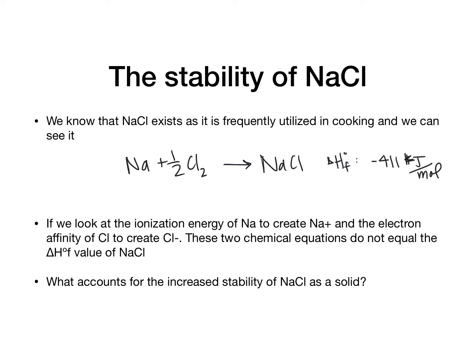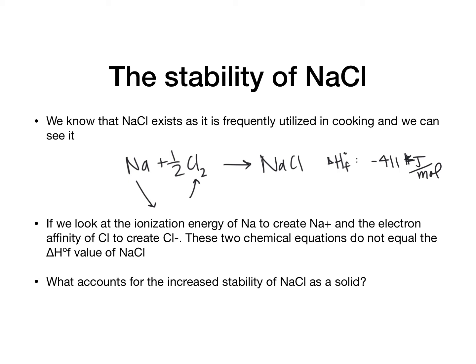Based on what we know, sodium should be ionized and chlorine should have an electron affinity in order to create both Na plus and Cl minus. If we think about these structures in these equations, they don't equal the delta H naught F value.